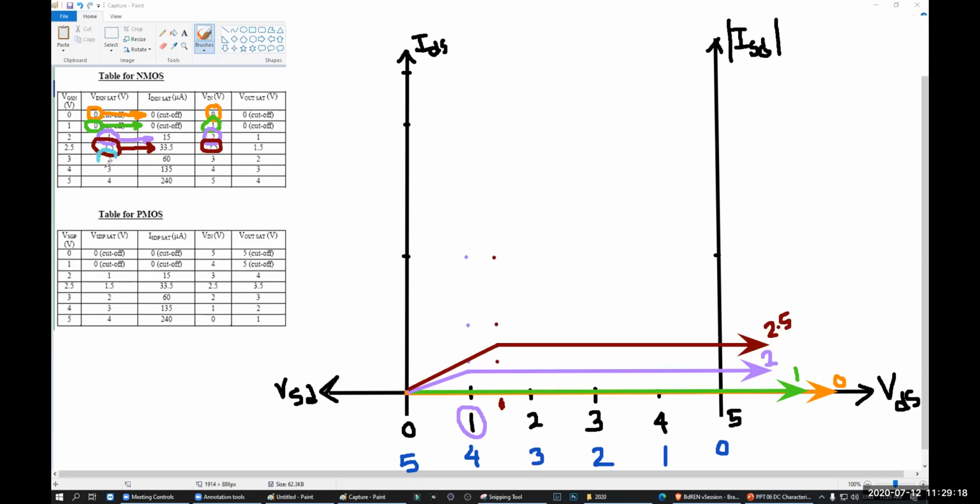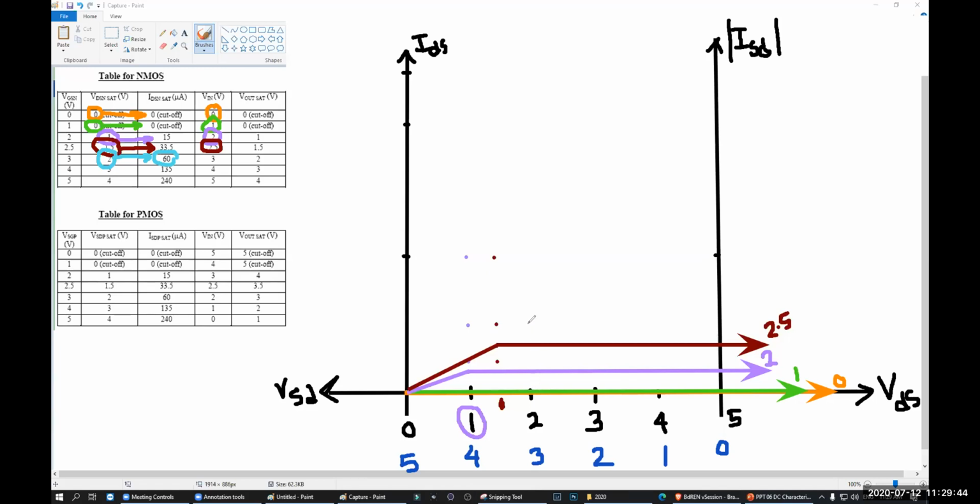For VDS 2, your current is 60, right? Current is 60. Where is 2? Here is 2. Nice. This is 2, right? For 2, what is your current? 60. So what is 60?